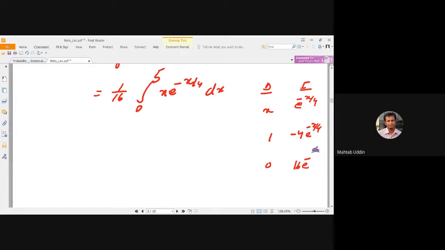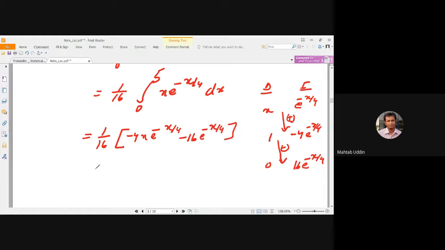Then take the product, there will be plus, there will be minus. Then you will get 1 by 16 of minus 4 x e to the power minus x by 4 minus 16 e to the power minus x by 4.